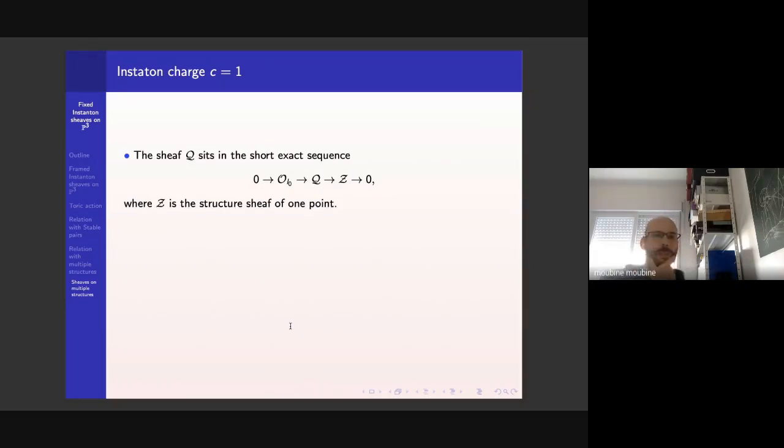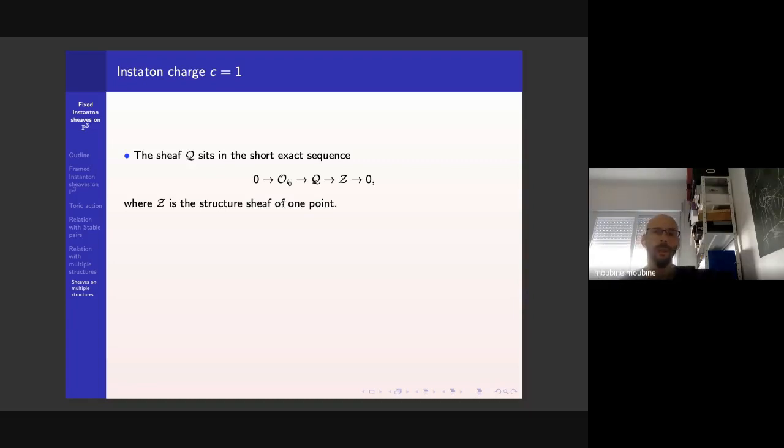I remind you that in our case of the rank 0 instanton sheaf, this is given by a sequence where we have a multiple structure here, Q, and then something supported on points. Here I'm writing Z, but it's the structure sheaf of Z. Okay, and if the charge is 1, then the multiplicity here is 1. So we have just a line.